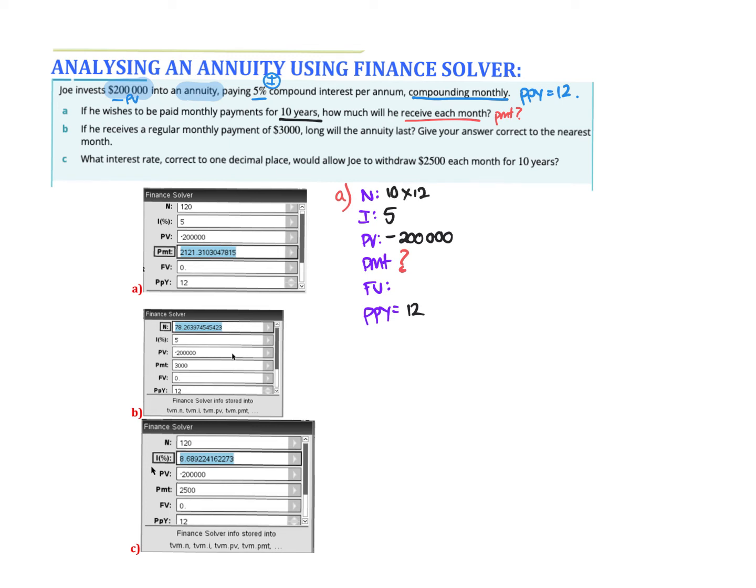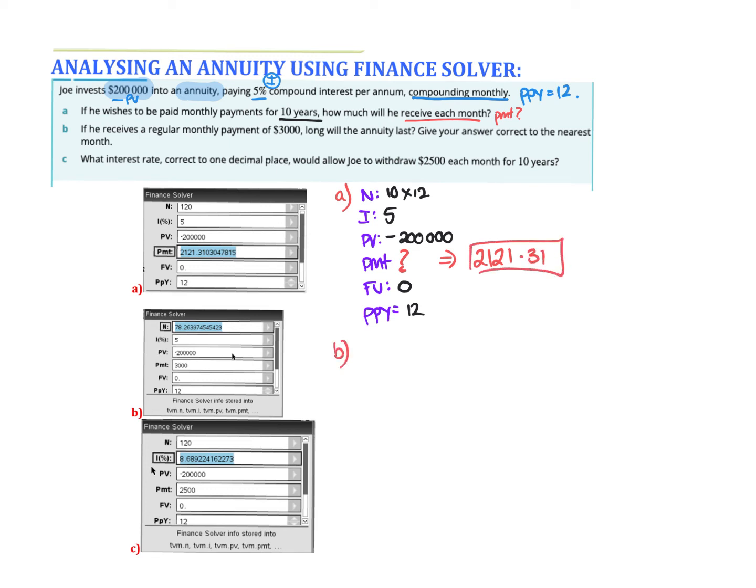And if he just wants it all to be finished after 10 years, that means the final value would be 0. So you can see I've put that in there, and you can see how I got the payment. You're going to receive a monthly payment of $2,121.31. So there's your payment.